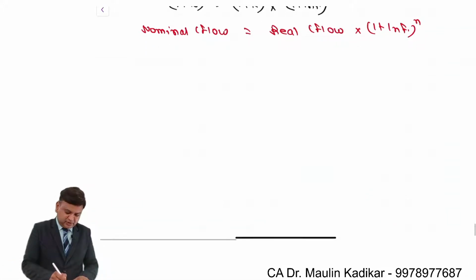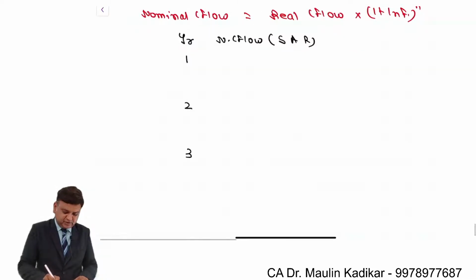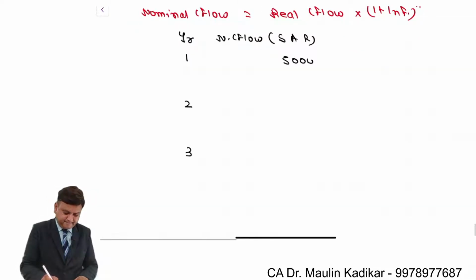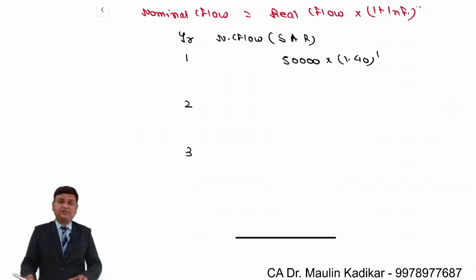So what will happen, friends, over here? First year, second year and third year. Nominal cash flow in South African currency term, we understand that it is 50,000 into 1.40, because the 50,000 which is provided to us is in the current purchasing power term, so it is required to be converted into nominal term.